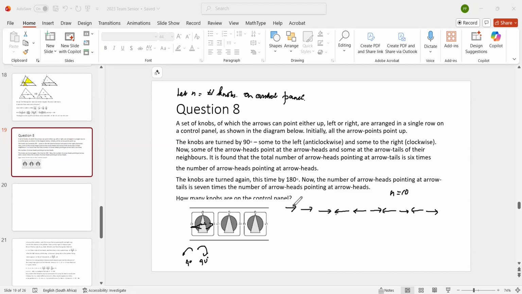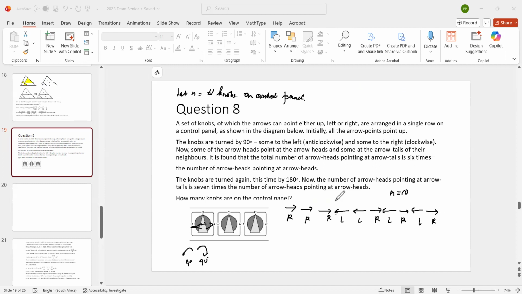If an arrow is pointing to the right, I'm going to call it R. This one here is L, because this arrow points to the left-hand side. So right, left, right, left, right.